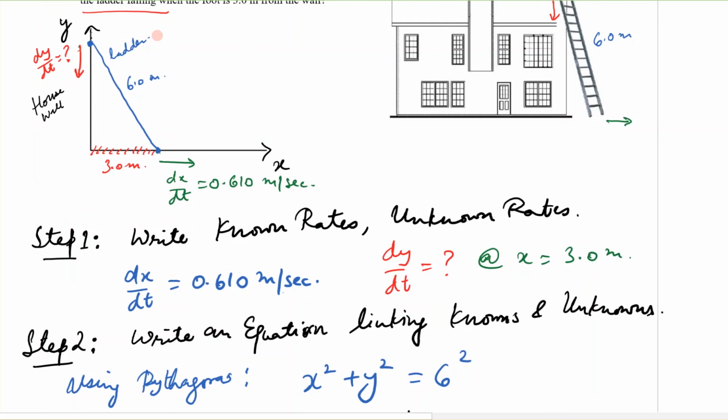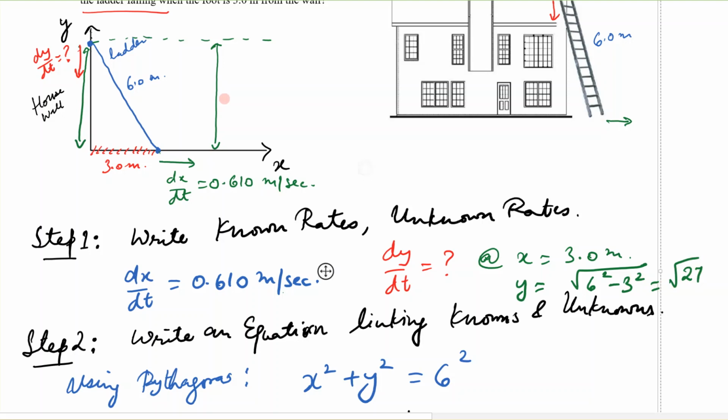If I draw this line, what is this value when x is 3? If we use the Pythagoras theorem, y would be the square root of 6 squared minus x squared, which is 6 squared minus 3 squared. So 36 minus 9, the square root of 27. So when x is 3, y is the square root of 27.